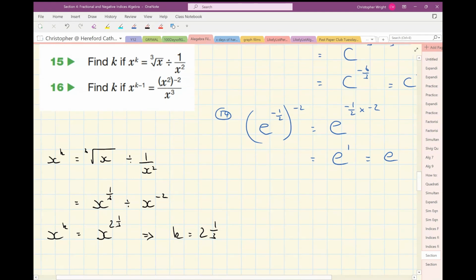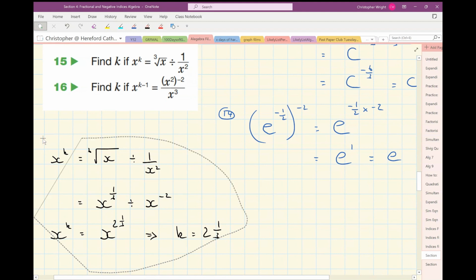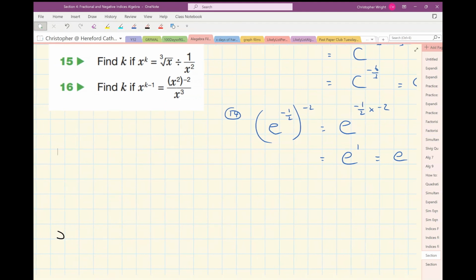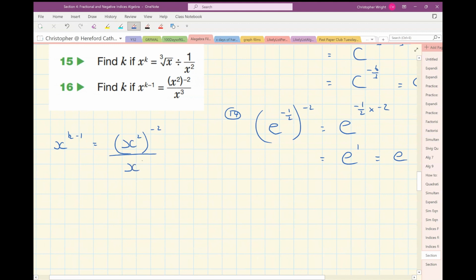Right, number 16. I've got again to find k. Right, so I've got x to the power of k minus 1 equals x squared to the power of minus 2 divided by x cubed.